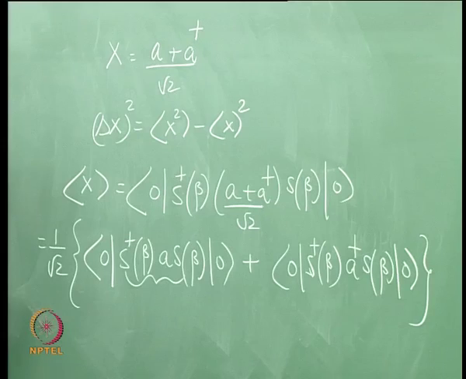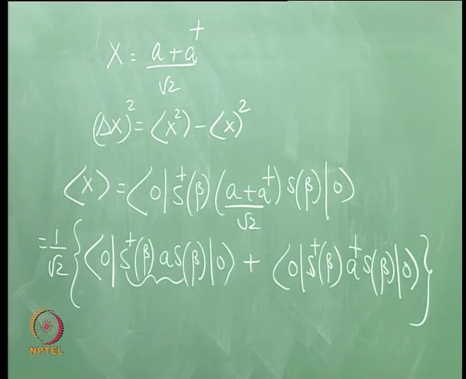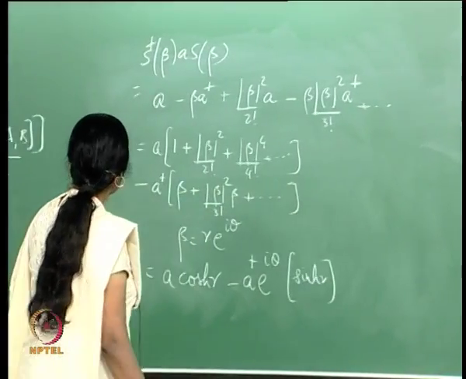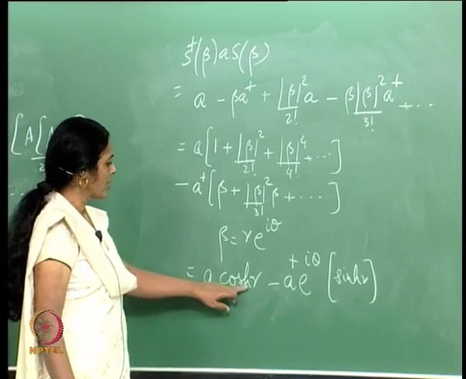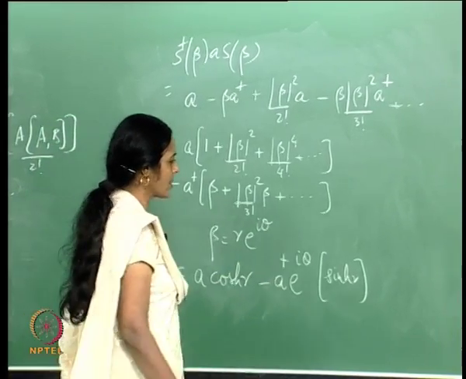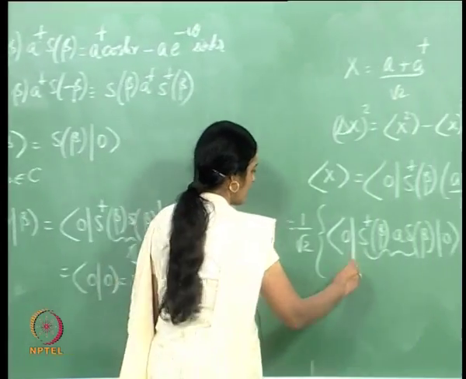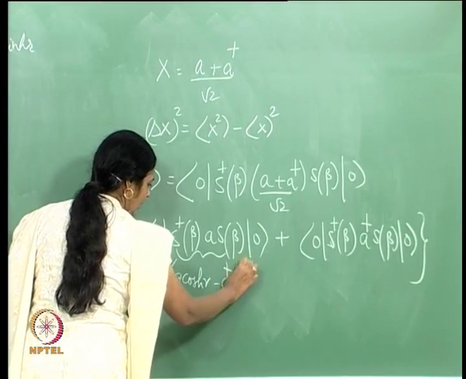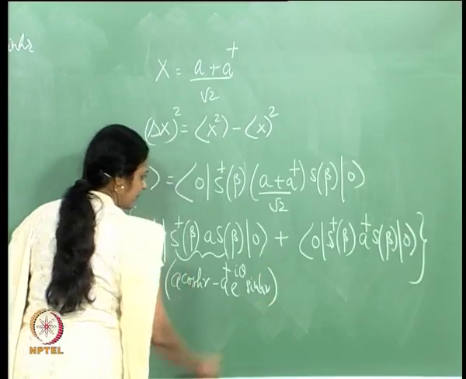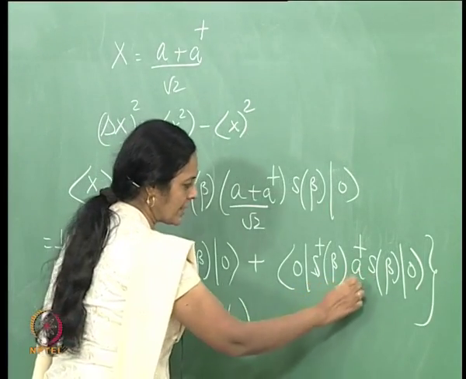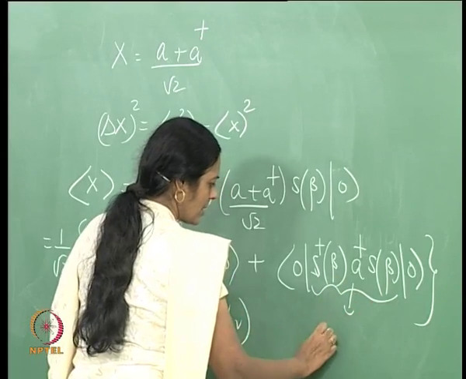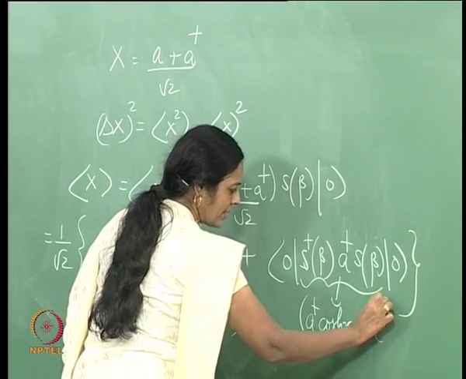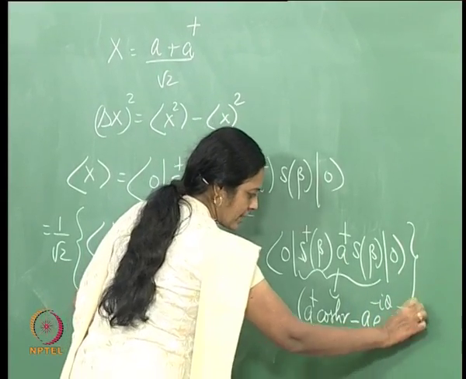This object is known to us. S dagger of beta A S of beta is out here. It is A cos HR minus A dagger e to the I theta sin HR. So, this is A cos HR minus A dagger e to the I theta sin HR. And S dagger of beta A dagger S of beta, this object is A dagger cos HR minus A e to the minus I theta sin HR.